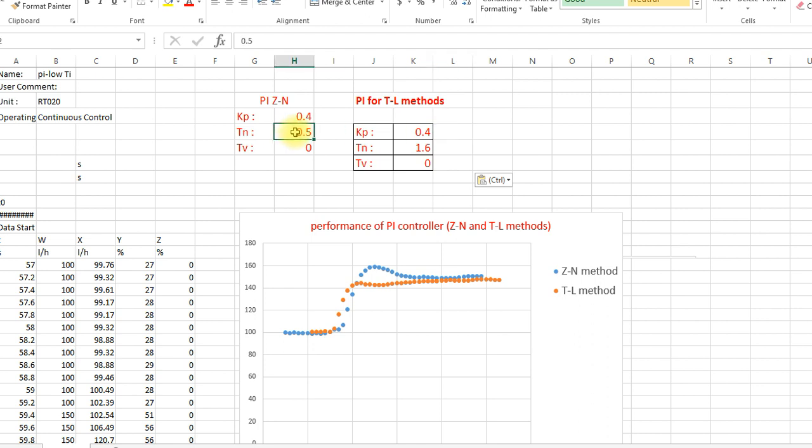The integral time for Zn is 0.5 and for TL is 1.6. So the higher the value of integral time, the slower the response will be.